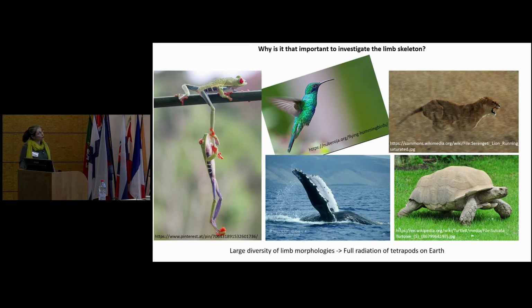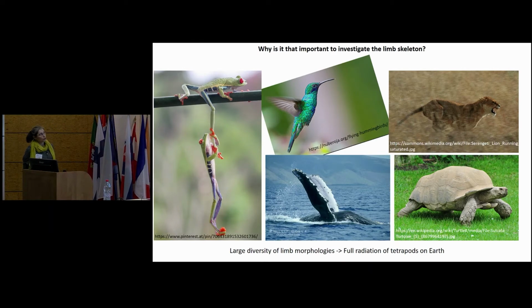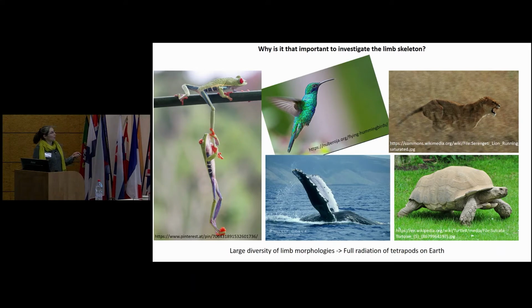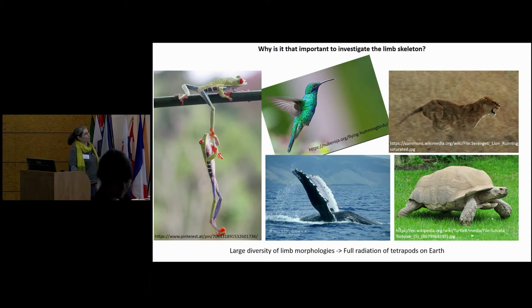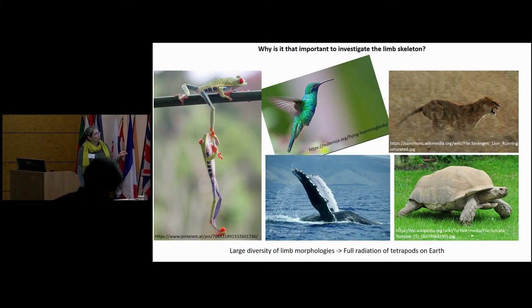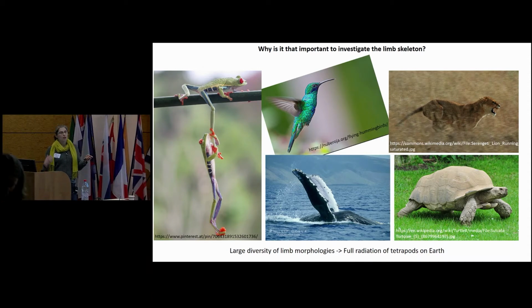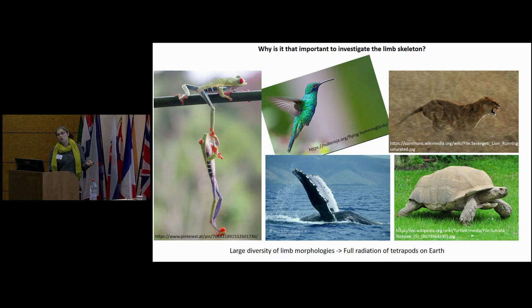As I told you, why is it that important to investigate the limb skeleton? It's really important because you have such an adaptation to all the ecosystems, all the environments. If you check, for example, the jumping limb of the frogs, or the modification of the upper limb into a wing in the birds, or into a paddle in the marine mammals, for example, the whales.